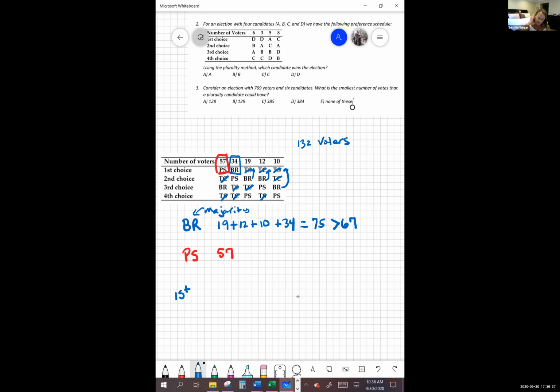How do we want to do this? Let me just write it how it is right now. So first choice, we have the 57 and we have the popcorn shrimp. And then second choice, we would have the BR.